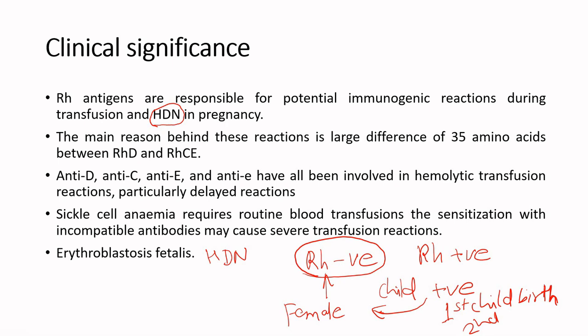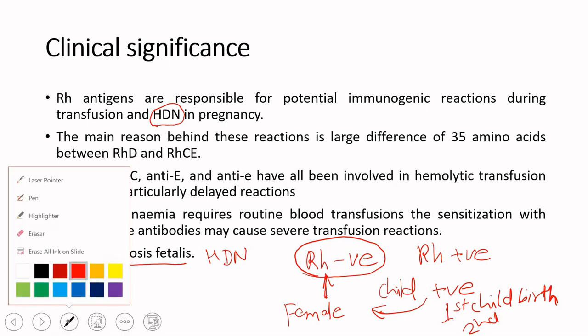In that case, the child, during placental transfusion itself, will suffer from erythroblastosis fetalis, where there is a degradation of erythrocytes due to the antibodies possessed by the mother. So this can happen in the case of HDN. So we should be aware of these blood group compatibilities.